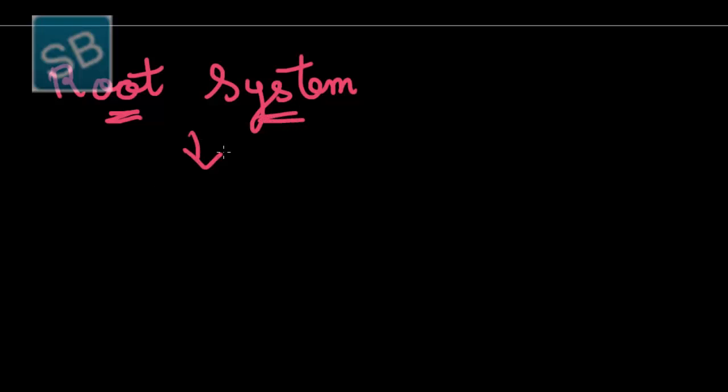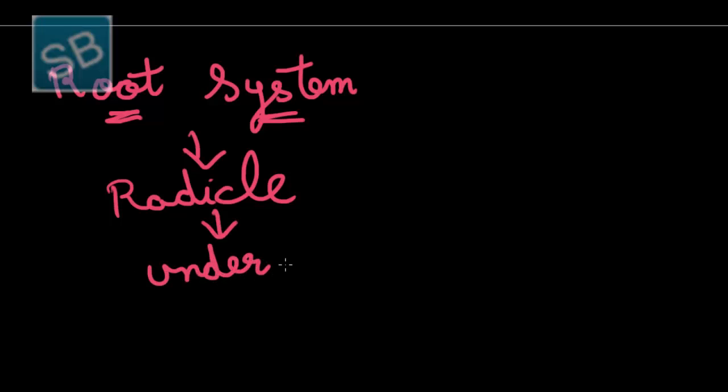Now, the root system basically arises from the radicle. It is located in the underground part of the plant axis.